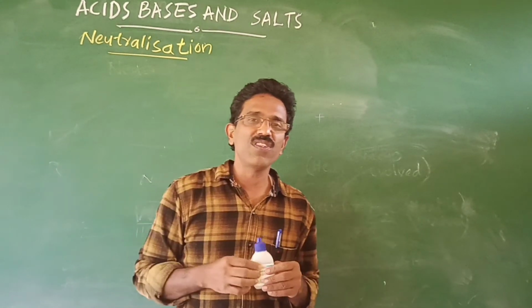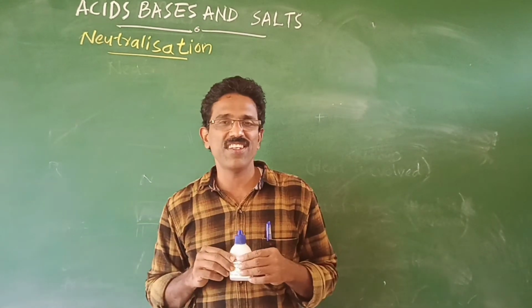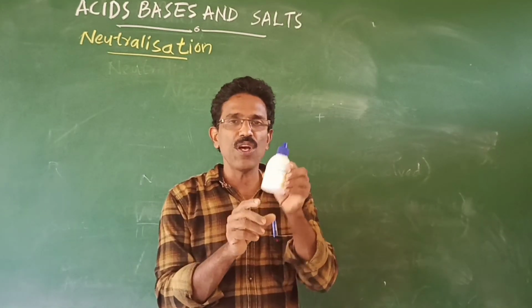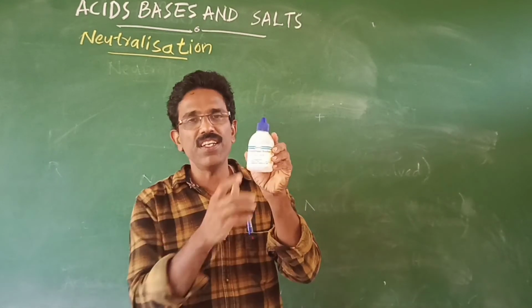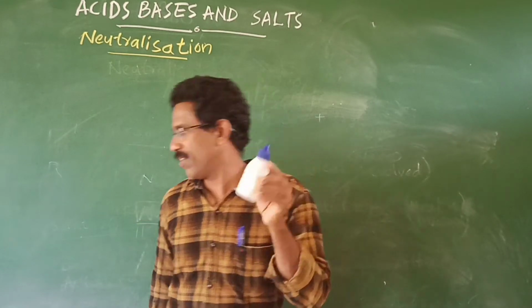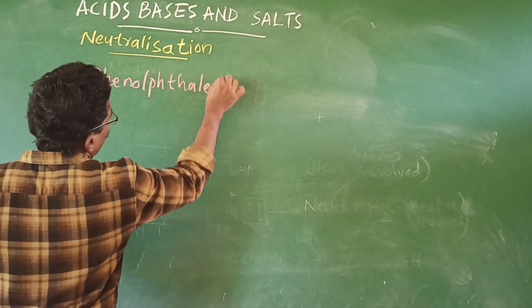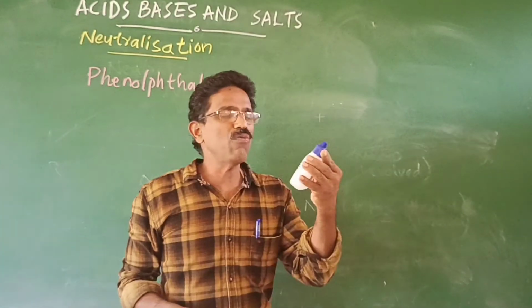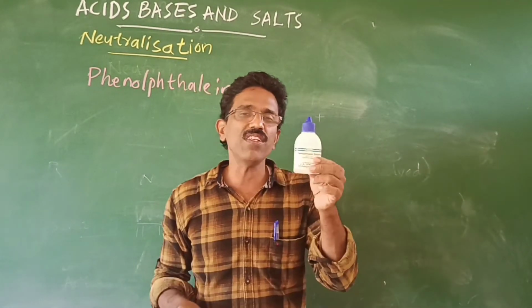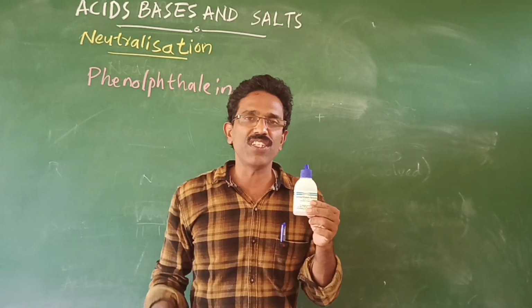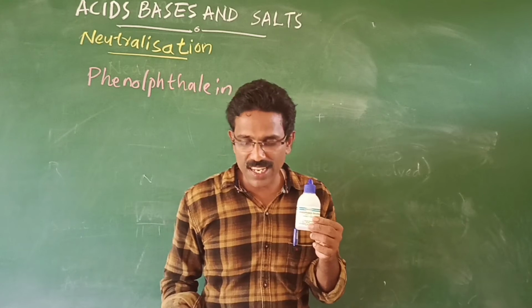Last class we saw natural indicators. Today we are taking another indicator called phenolphthalein. By using this phenolphthalein indicator, we are going to demonstrate a neutralization reaction.